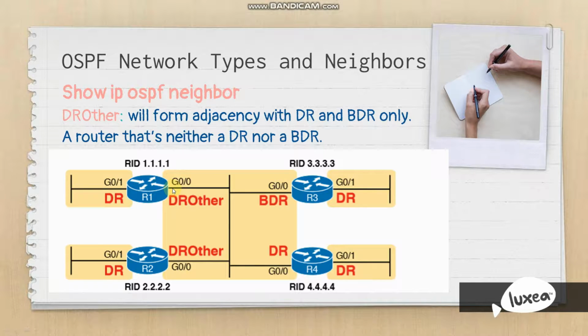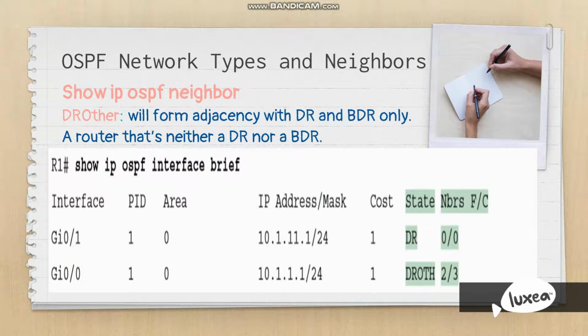And if the interfaces are connected like this, we can check with the show ip ospf interface brief command like this. So it shows 2/3 DROther. Well, yes, obviously it is DROther, and 2 means 2 neighbors on GigabitEthernet 0/0 with 3 total neighbors on the interface, like we saw.